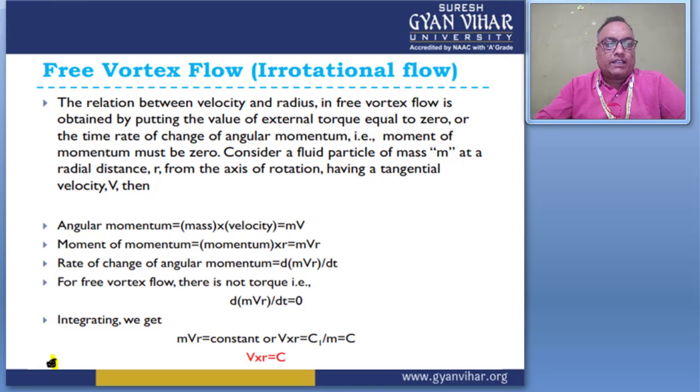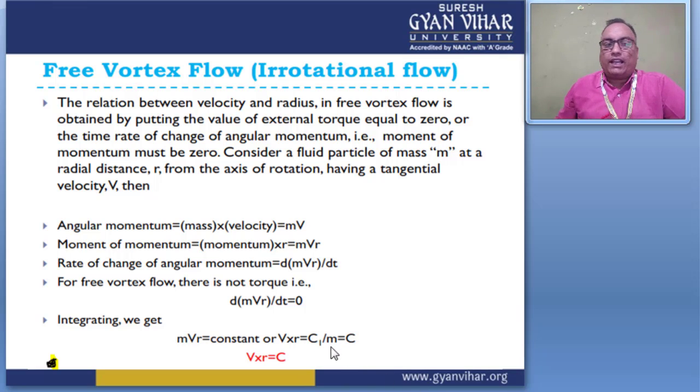The rate of change of angular momentum is given by the differentiation of the moment of momentum, and the differentiation is d by dt of mvr. In free vortex flow there is no torque, that is d(mvr) divided by dt equals 0, and integrating we get mvr equal to constant, so v into r equals c1 by m.